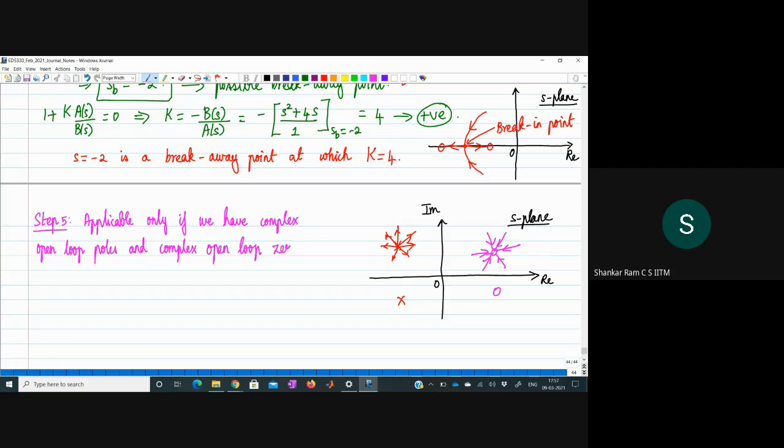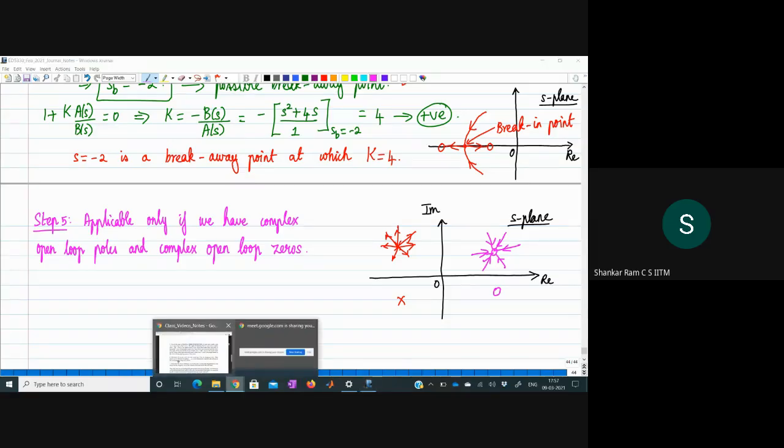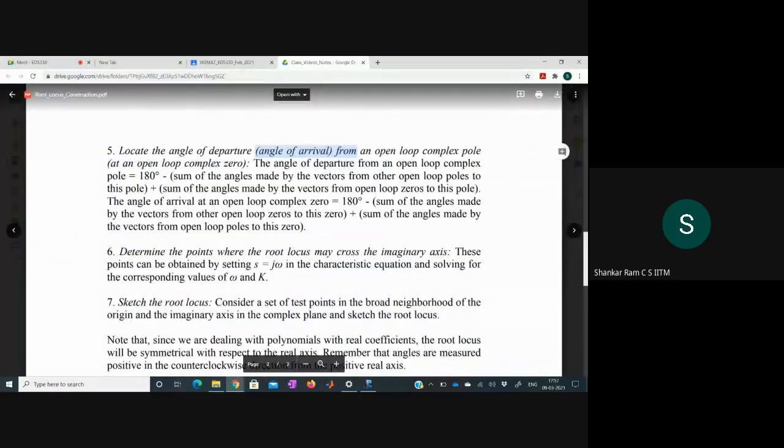But in our problem, we don't have complex conjugate open loop poles and zeros, so we don't need to calculate angle of departure and angle of arrival in this problem. However, for generality, I will tell you how to do this.